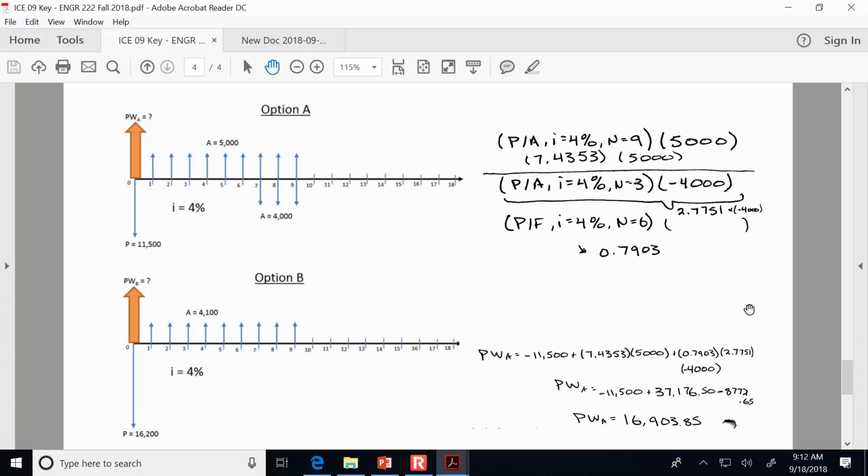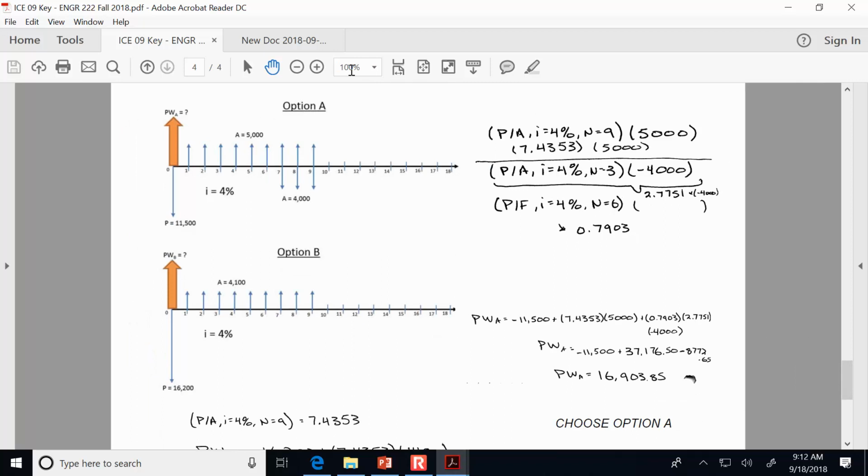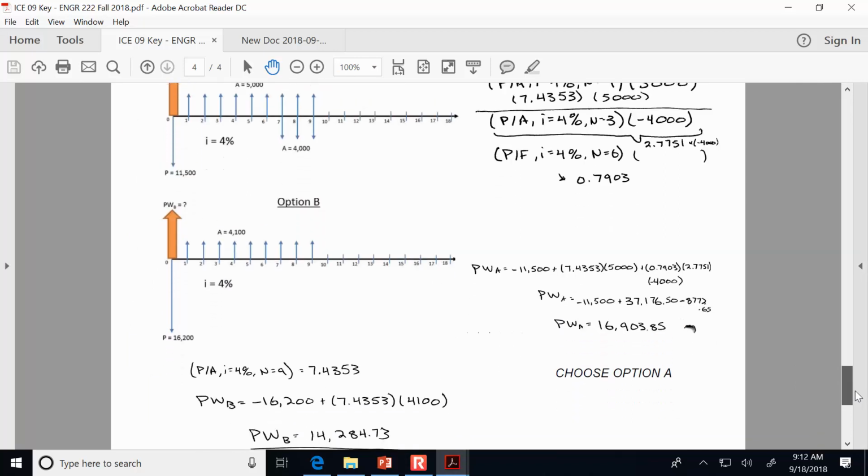So there's also going to be a P/F factor that we multiply everything by. So in the end, option A is worth $16,903 compared to option B. Let's scroll down to see option B. $14,285.